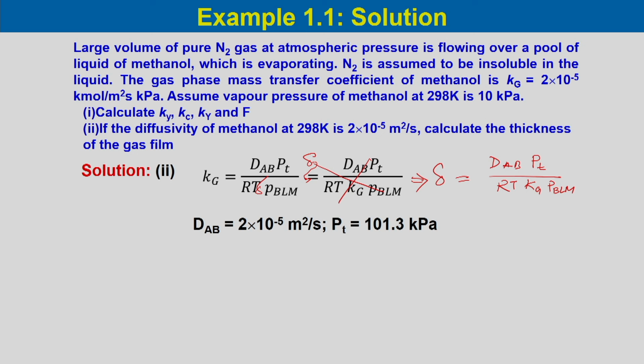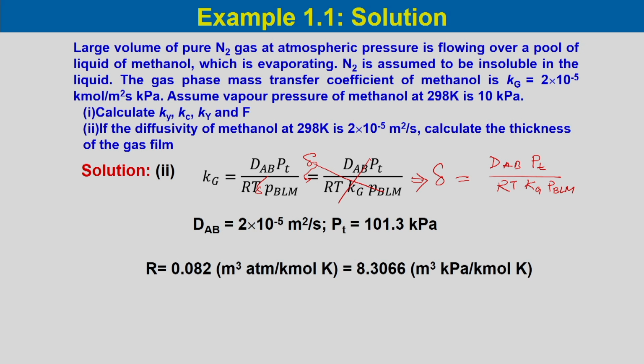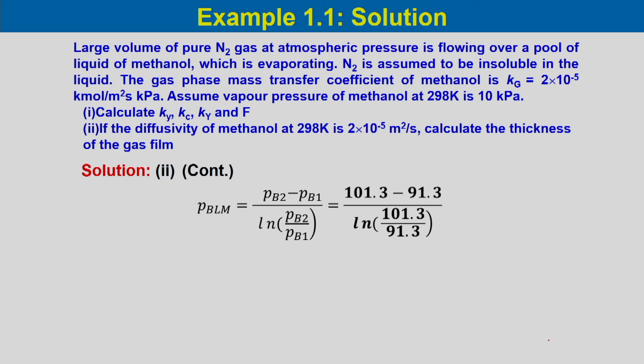DAB is given to us, that is 2 into 10 to the power minus 5 meter square per second, PT is 101.3 kilopascal, and R is known to us, temperature is also known to us, and Kg is given. So, if we substitute DAB, PT, RT, Kg and PBLM, where PBLM, as we have shown earlier, we can calculate, in this case it is 96.213. So, we can calculate delta using the earlier equation, which is equal to 0.425 millimeter.